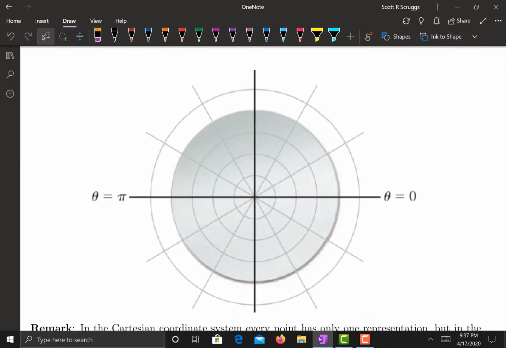Sometimes with a polar coordinate, you might see this coordinate system before. And this is used solely for drawing the polar coordinates.